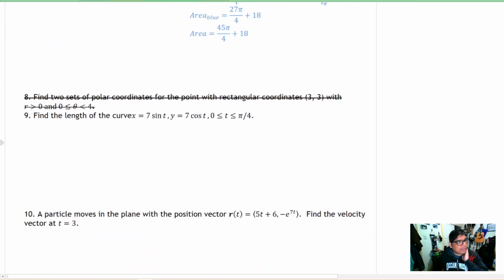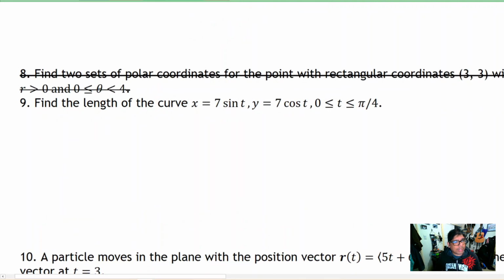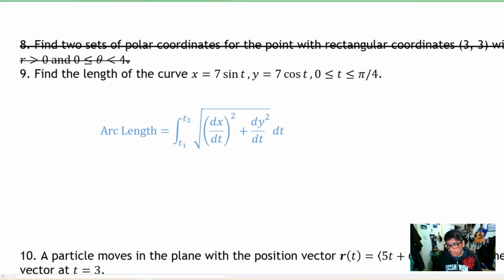It's find the length of the curve x equals 7 sine t, y equals 7 cosine t, and we're going from 0 to pi over 4. Let's remember what the arc length formula looks like. Let's zoom in a little bit here. We've got that the arc length equals the integral from t1 to t2 of the square root of dx dt squared plus dy dt squared.